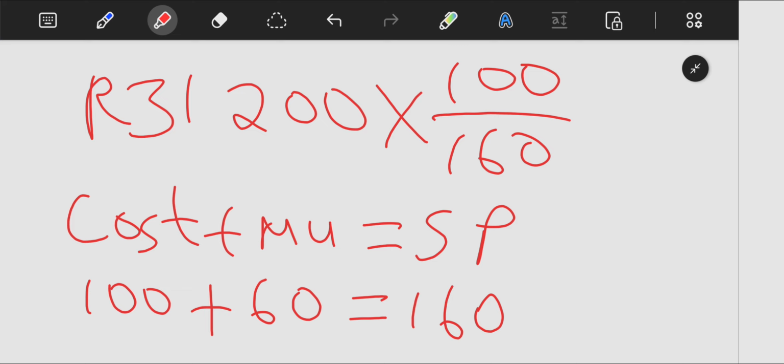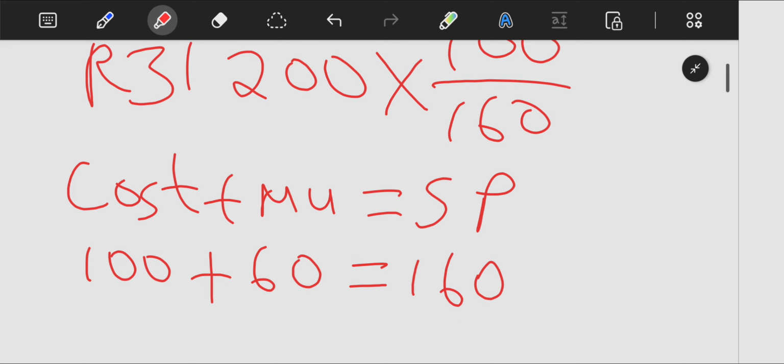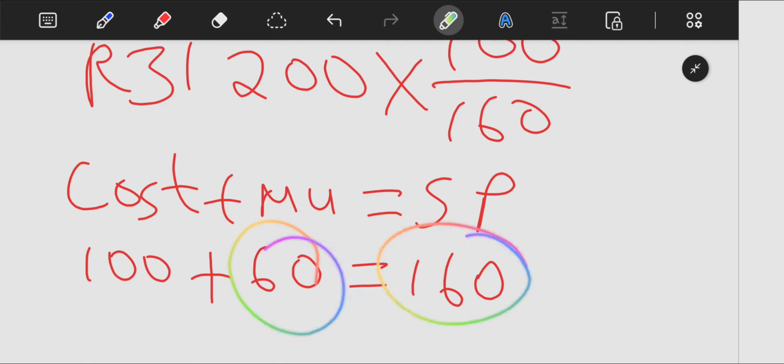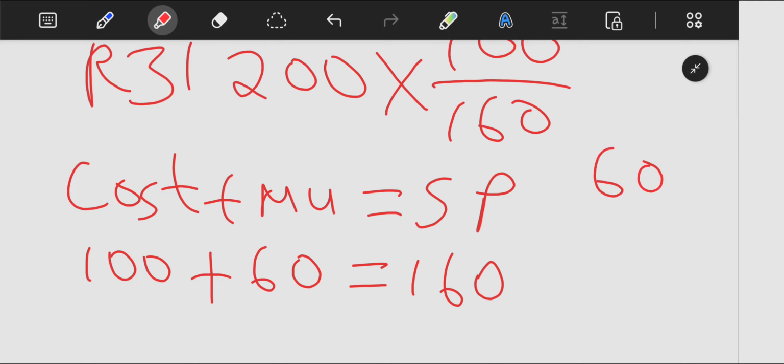Right. So if you are looking for this inside this, and this is what we are given, it means that what you are looking for on top, what you have underneath.